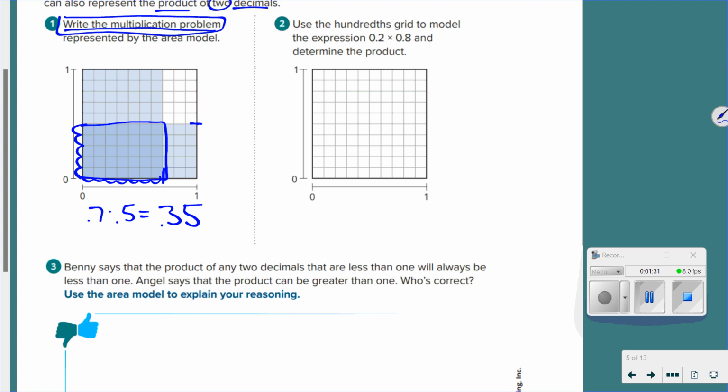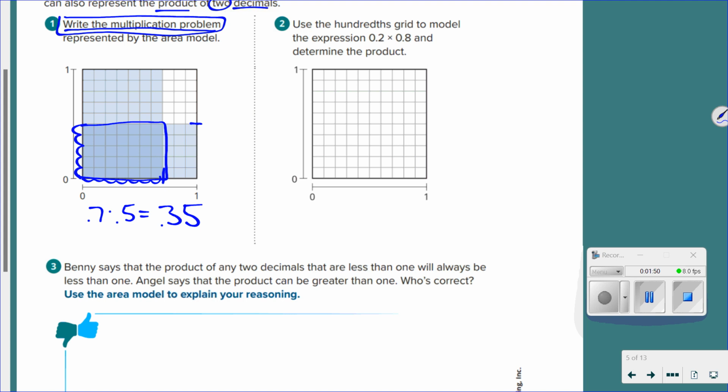Do you see it? Good. The answer is 3,500. So 7 tenths times 5 tenths equals 3,500 hundredths. So from the area model, you should now be able to see this. So we've done an example for you.